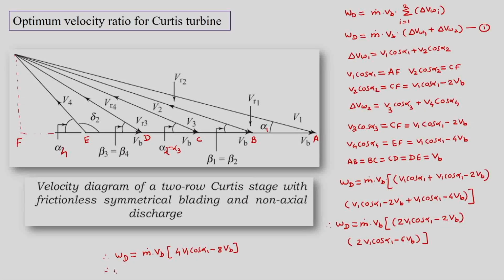So we have WD is equal to m dot into VB, and then we can take 4 common, and then we will have V1 cos alpha 1 minus twice VB. Then we can use this for our derivation of efficiency.